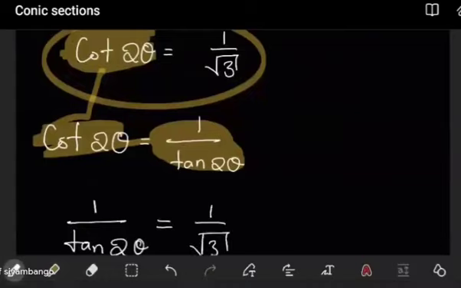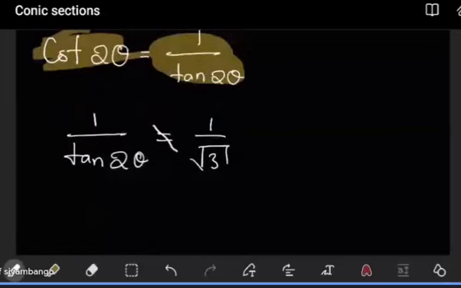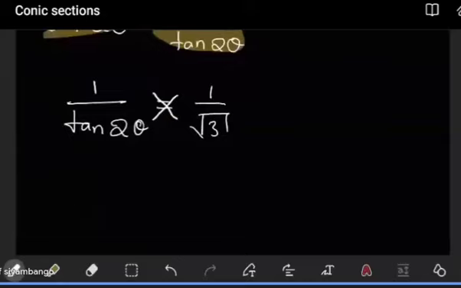That's clear. Okay. Now, it's at this stage where I said we can now cross multiply so that the tan now goes on top. And then we end up with the tan being equal to root 3. Are we okay? Okay.